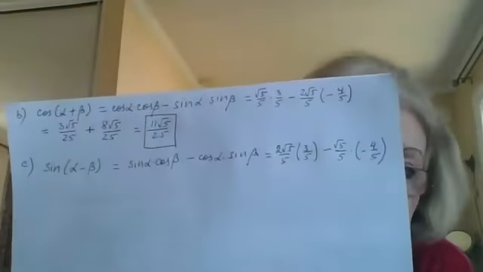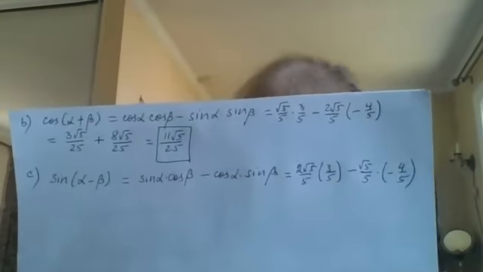I plug these numbers, and now I'm going to multiply. Multiplying the first two, I'm getting 6 square root of 5 over 25 plus, multiplying the second ones, it will be plus 4 square root of 5 over 25.